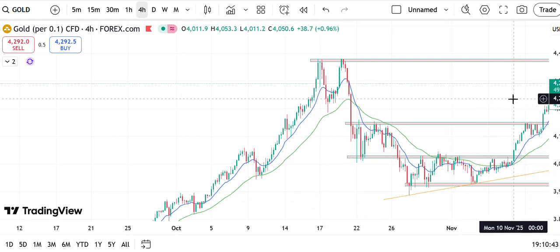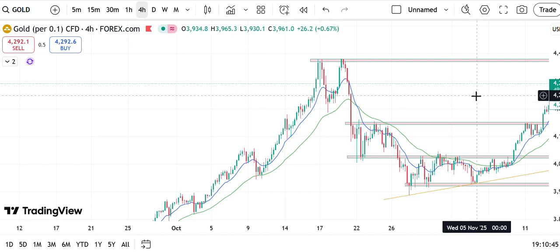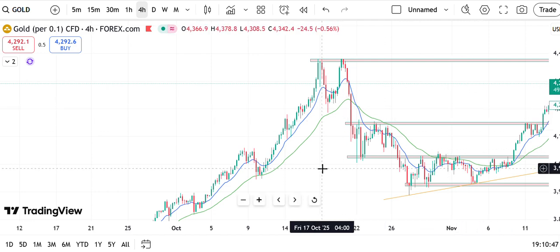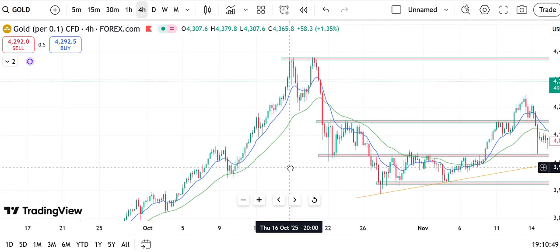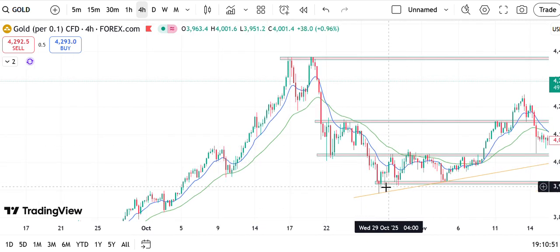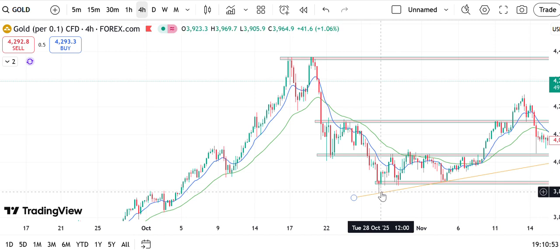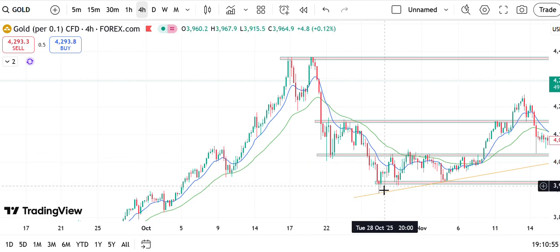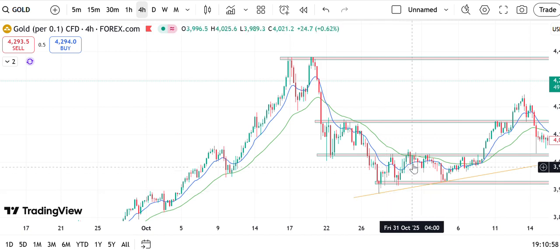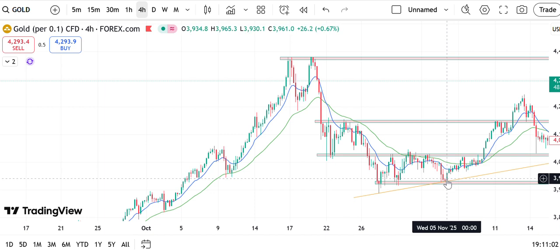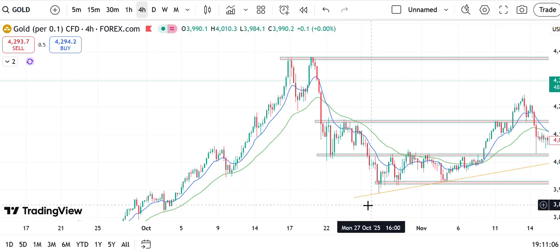Let me shift it a bit so that you can all see what happened. When it touched the first time, it went up, ended here, came back down and touched this trend line again.